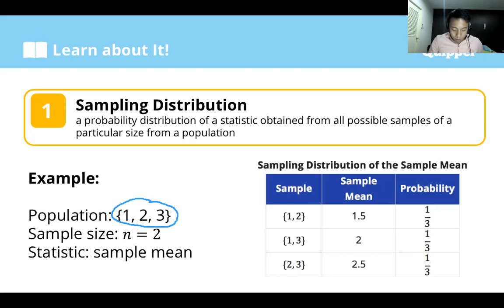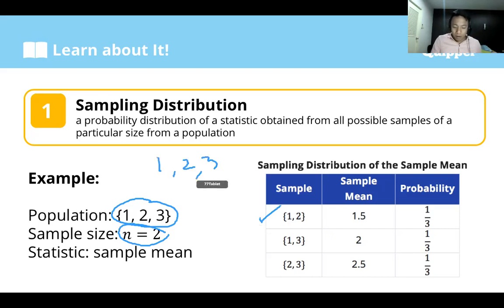Here we need to find pairs inside our population so we can have the sample size. The sample size must have 2 numbers. So the first sample is 1 and 2. From 1, 2, and 3, we need to find pairs.